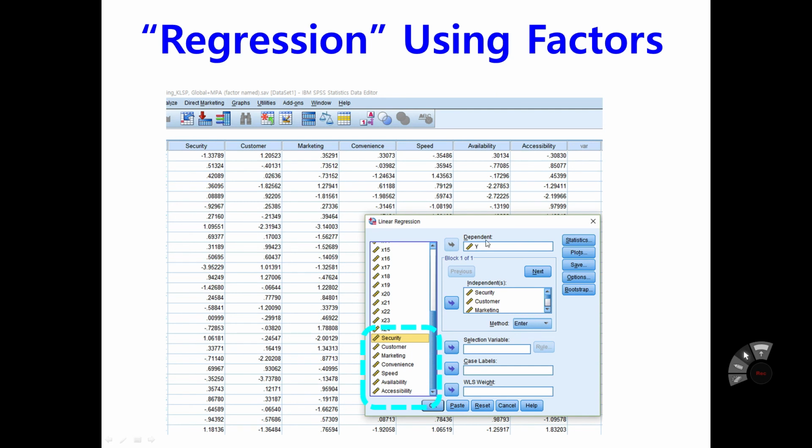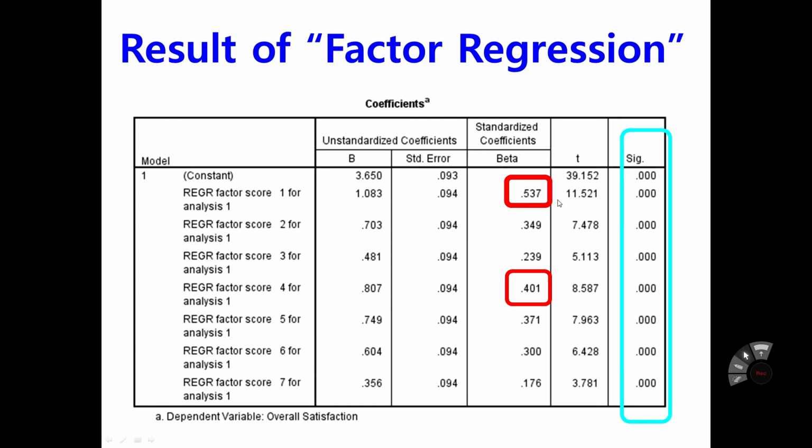The dependent variable is y, and there are 7 independent variables, and then we can get the results from the table. Unstandardized and standardized coefficients, and significance. All factors extracted from the indicators are statistically significantly associated with the dependent variable y. Y is the satisfaction with a mobile service.